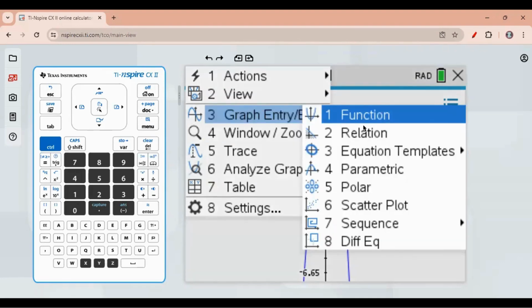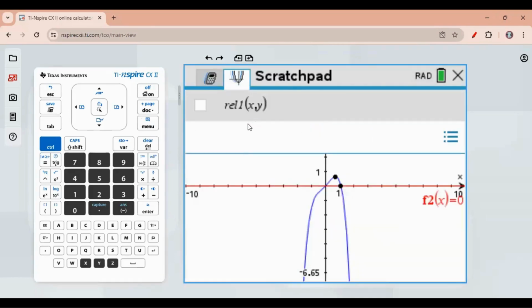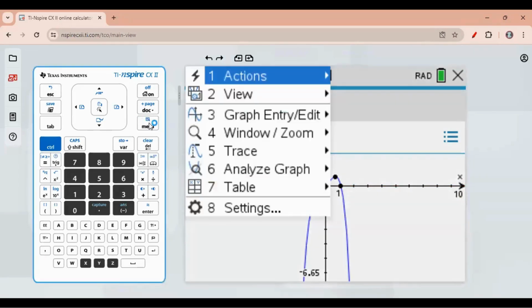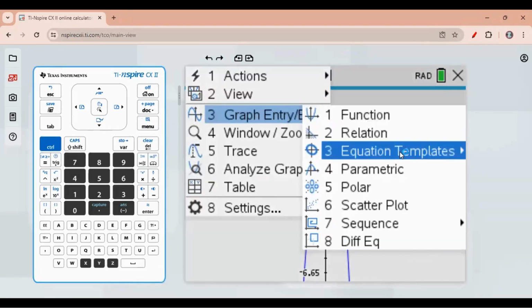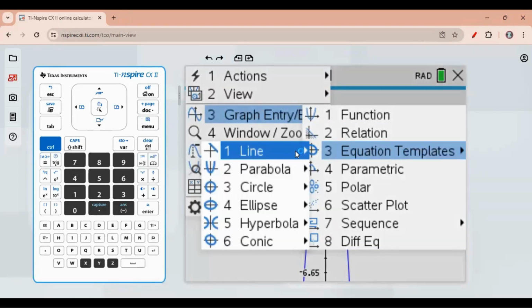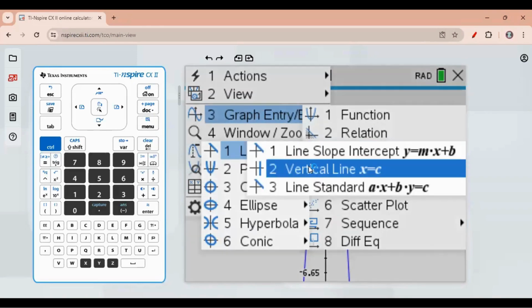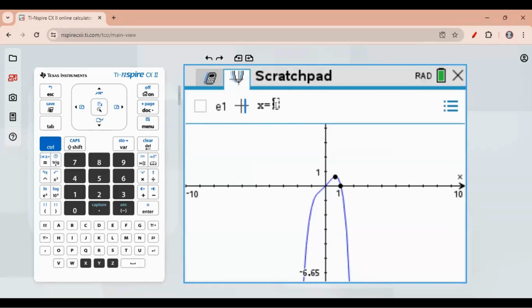So you got a relation. Just equation templates, then line, and you need a vertical line because it's x equals 2. That won't work in a normal function form. So x equals 2 is my line. And that's it.